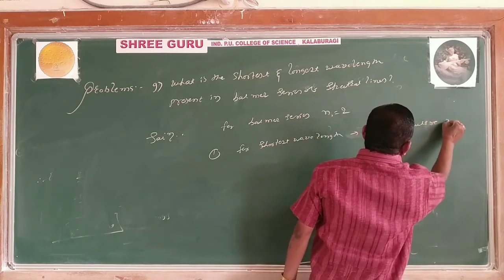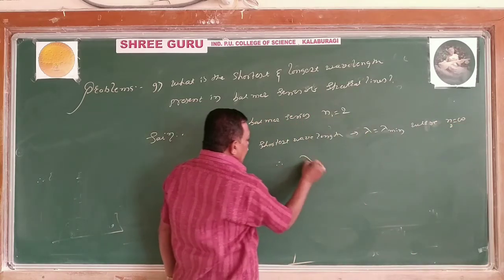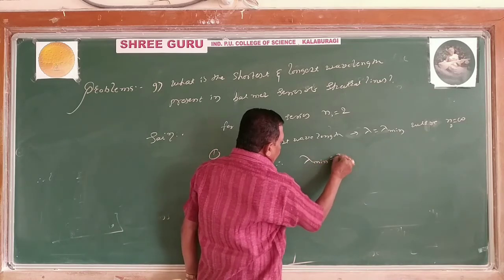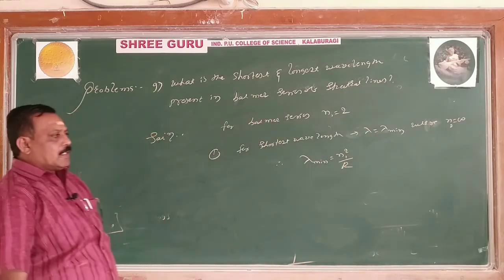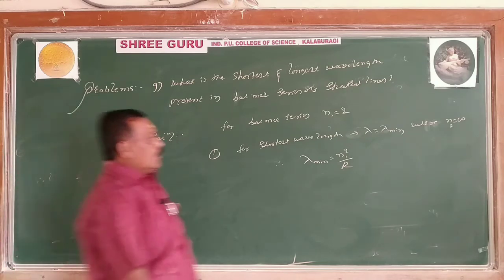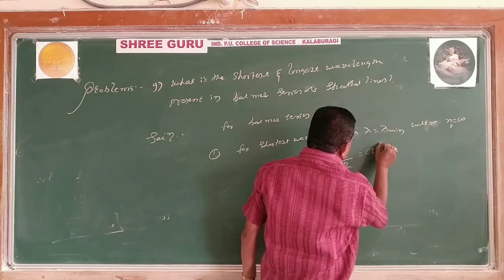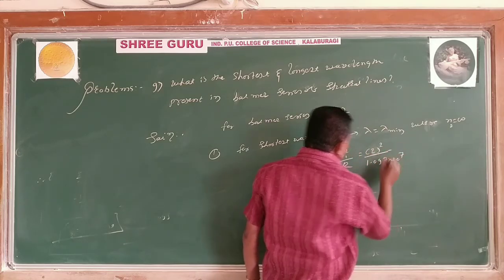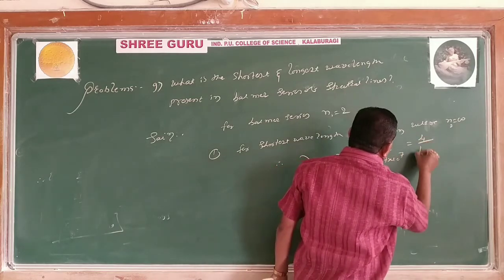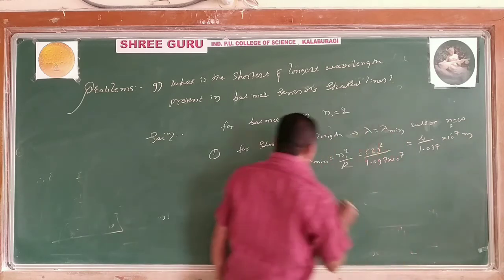where n2 equals infinity. Therefore, lambda minimum equals n1 square divided by R. We already have n1 square, that is 2 square, R is 1.097 into 10 to the power of 7. This is 4 divided by 1.097, into 10 to the power of minus 7 meter. So what is lambda minimum?